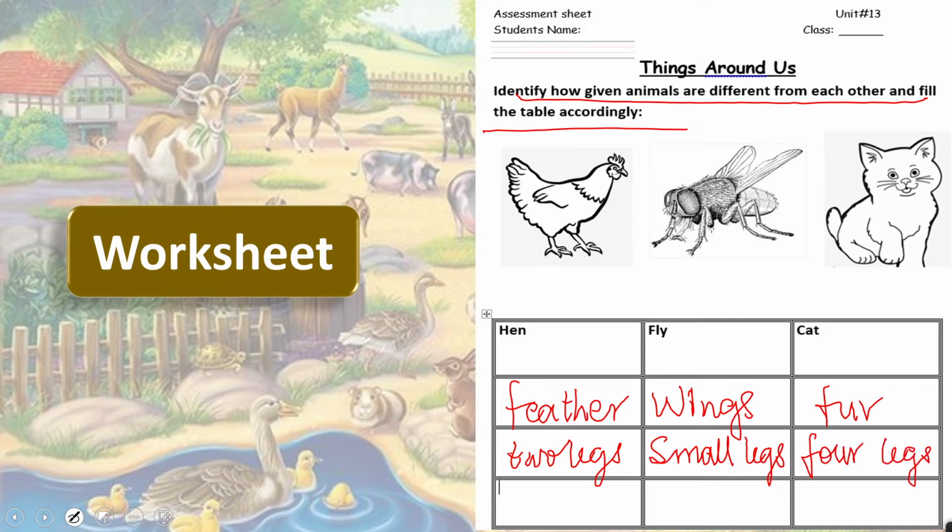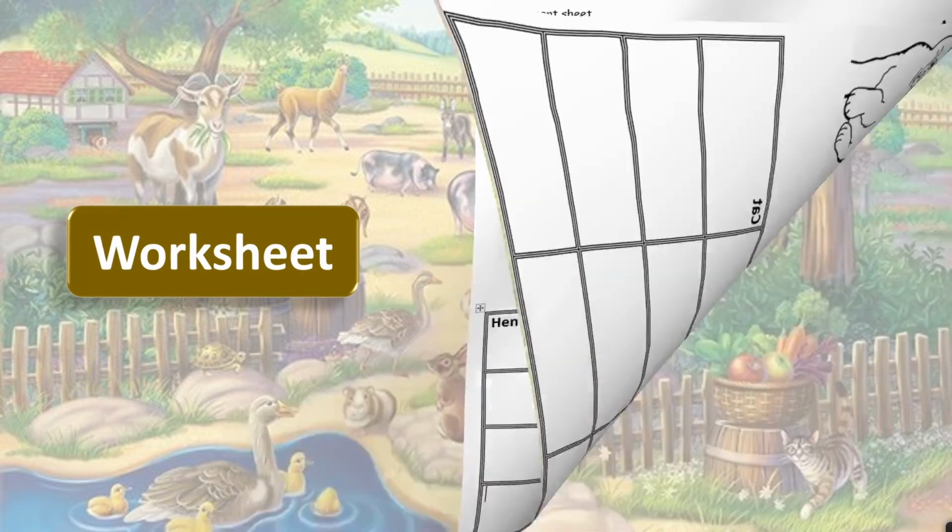Now let's talk about their eating habits. Hen eats insects. Flies sit on different food materials. And cat eats meat. So this is how they are different from each other.